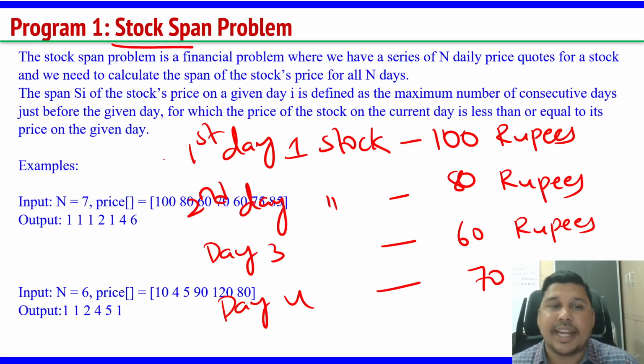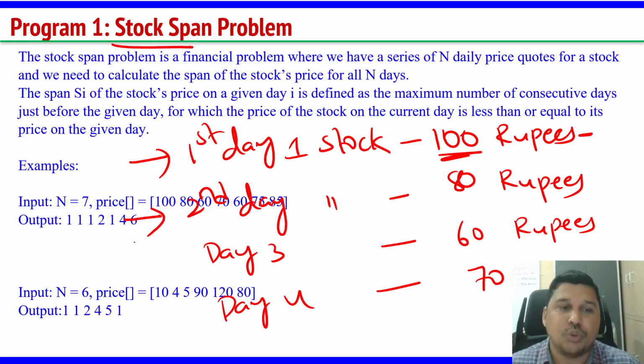Meaning, day one is the only day you purchased the one stock, so there is no change in profit or loss. Take day 2. Today is day 2 and today's price is 80. Is the previous day's price less than 80? That I have to check. No, it is not less than 80.